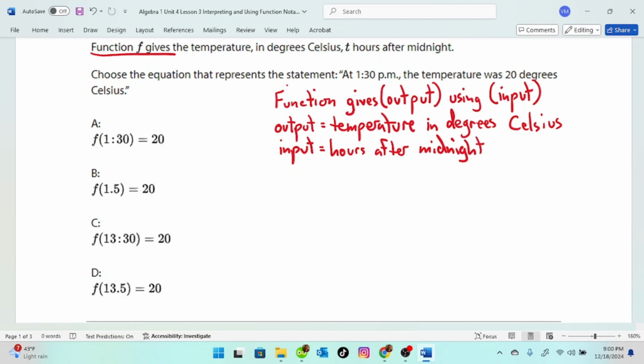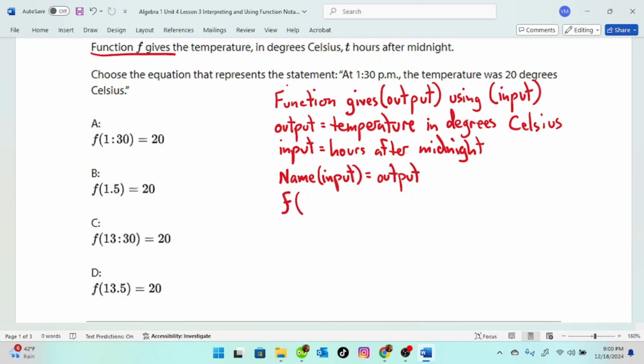Now, if you remember, function notation is written name, input, in parentheses, equals output. So if we want to fill this in, we know that the name of the function was f.